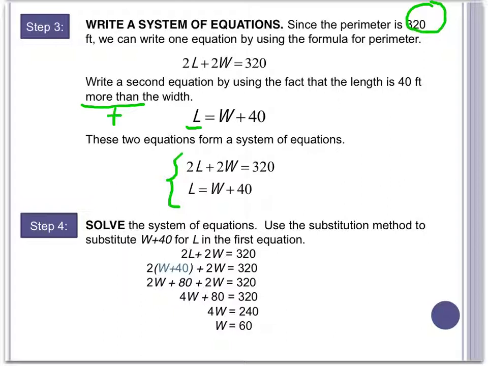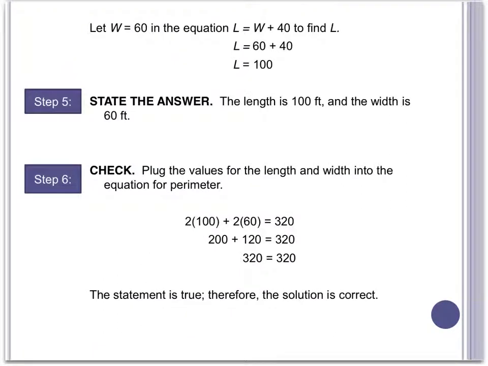We could use the substitution method to substitute this W plus 40 in for L in the first equation. After solving for W, we find that W equals 60. Now, since we know that W equals 60, we can plug that back in to our equation L equals W plus 40 to solve for L. We find that the length is 100 feet.